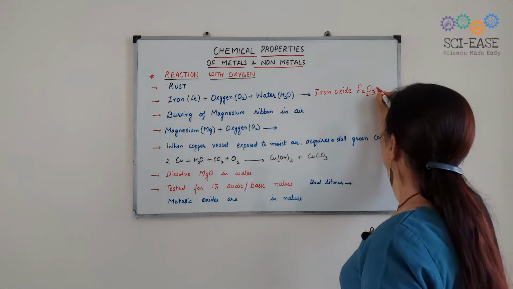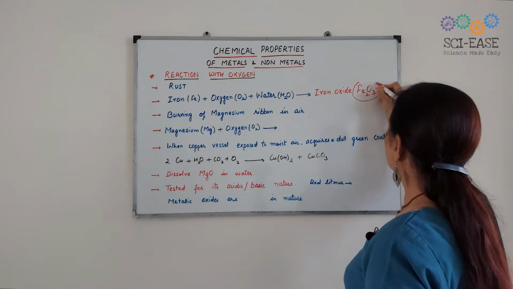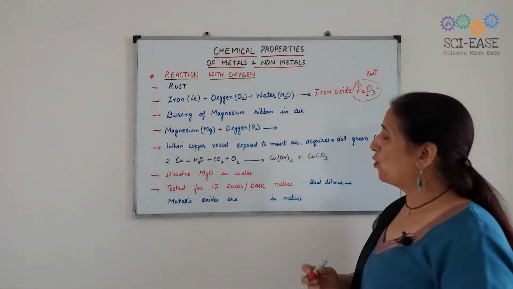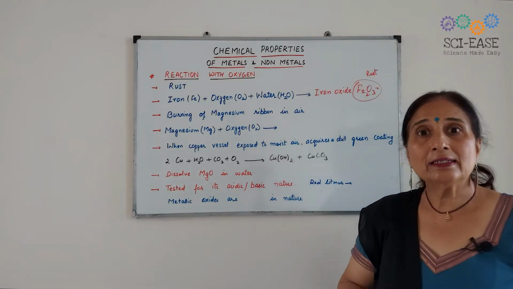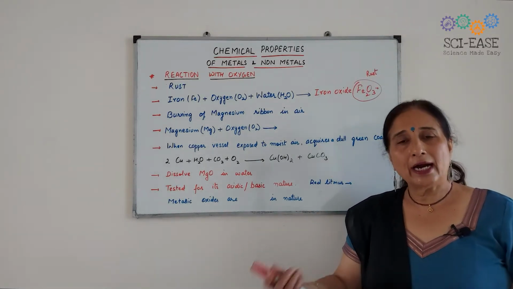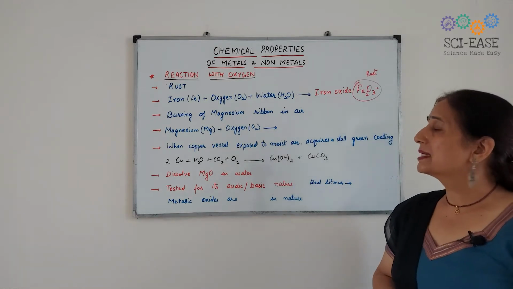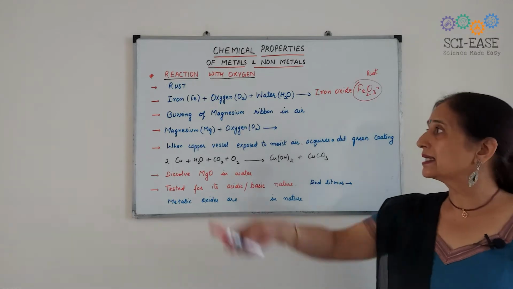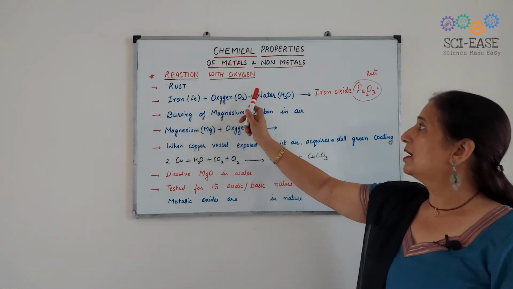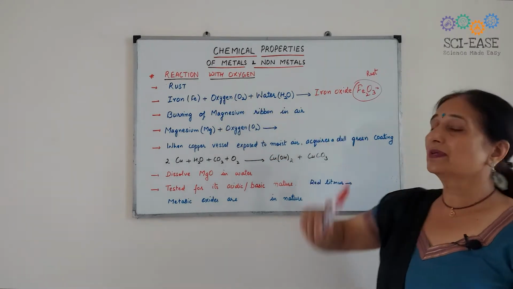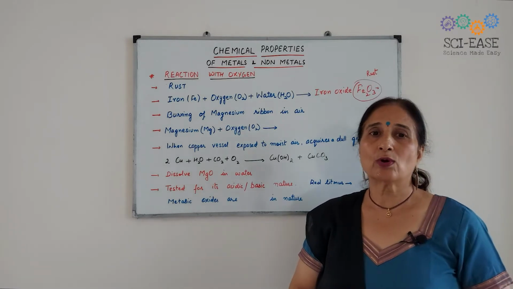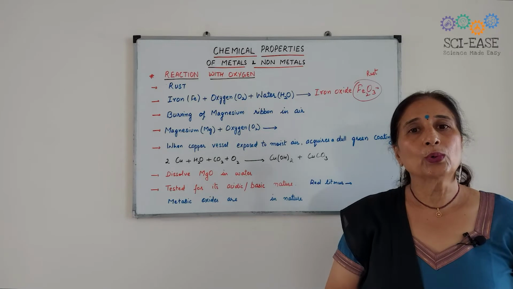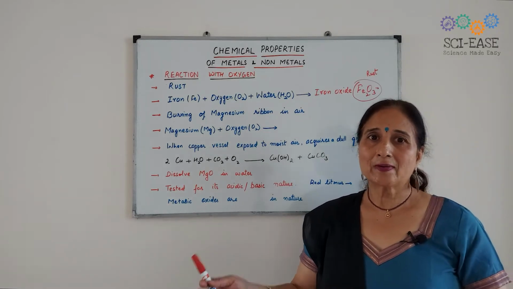And this is nothing else but rust. So rust is formed when an iron object or iron metal comes in contact with moist air. Moist means it reacts with oxygen plus water. This results in the formation of iron oxide having formula Fe2O3, which is rust.